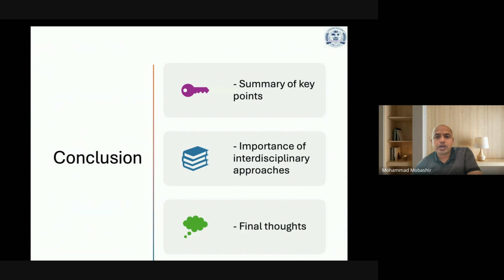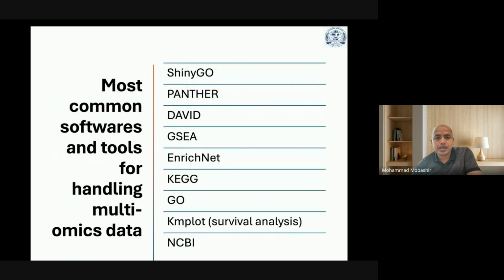In conclusion, we can summarize the key points, which are like to learn the basics, what we include in multiomics data and the importance of these data, and how to analyze these particular multiomics data for a specific type of goals or diseases.